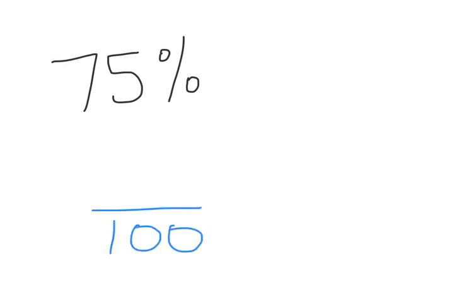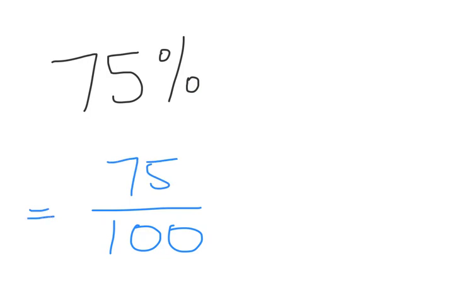So I just want to show you, if you have something like this, 75%, what does it really mean? It means, like we said earlier, the denominator will be 100. So if you have a 75%, this is the percent part, then we actually just say that answer is 75 over 100.